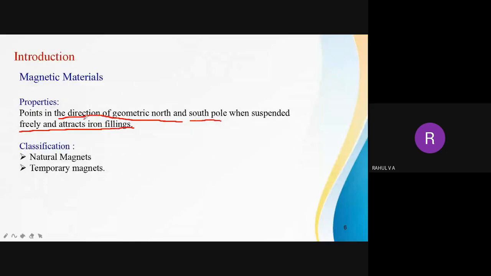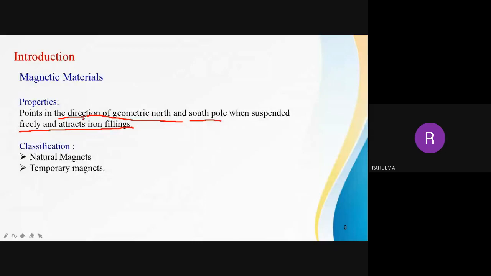You might have seen magnetic material in your purse or bag, in toys, and in many other places. In speakers it is there. If you keep a safety pin or some iron material near that speaker, the speaker attracts it, because there is a magnet inside.